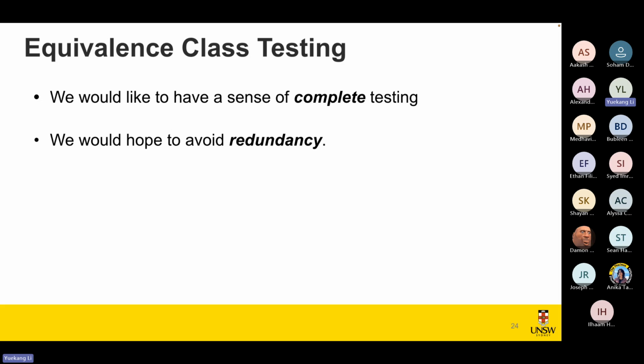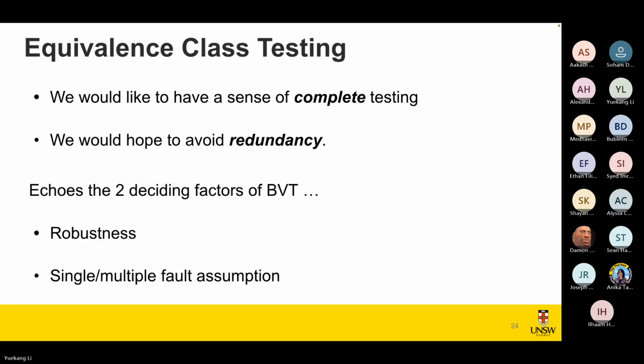And just now we saw some duplicated test cases, so we also want to reduce redundancy. These are the 2 things we need to bear in mind when we design test cases, and this also guides the design of equivalence class testing.